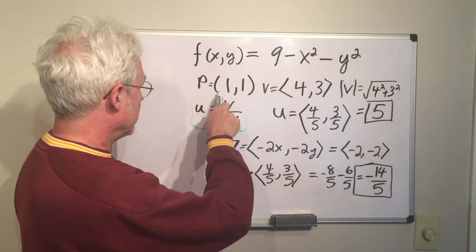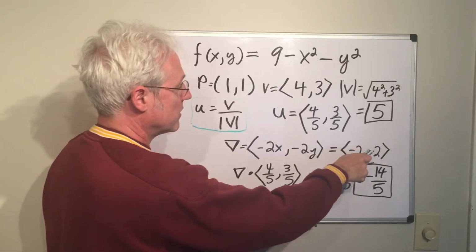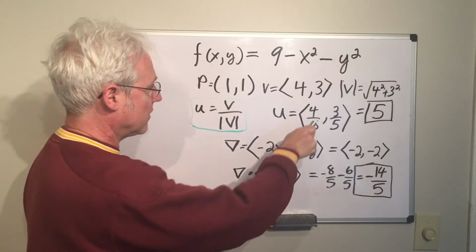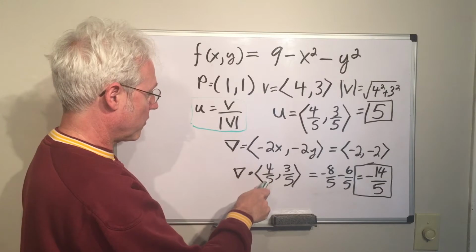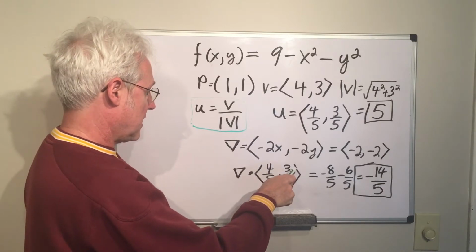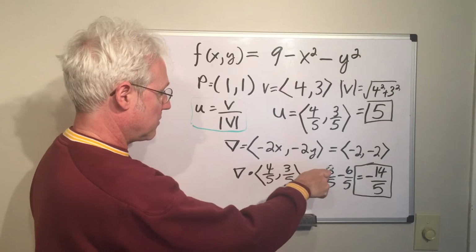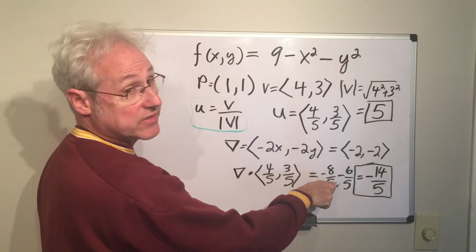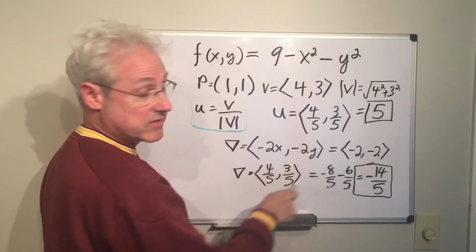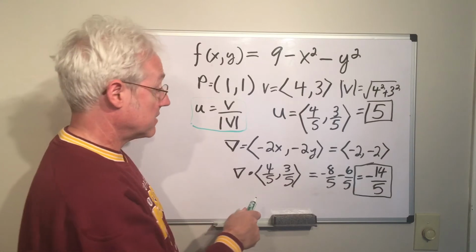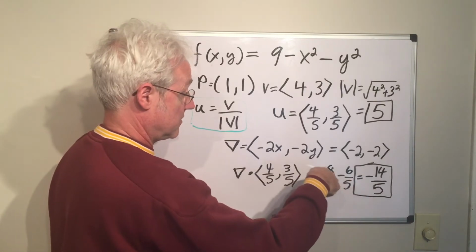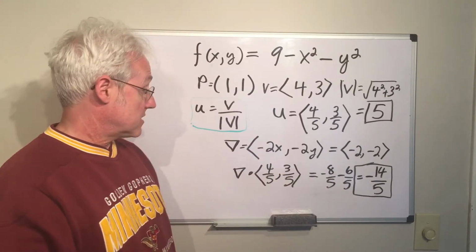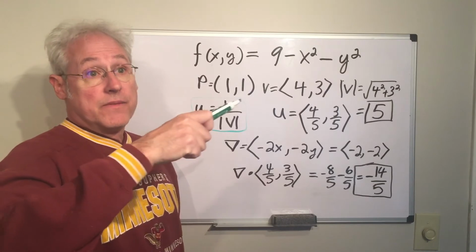And if we solve it for this point, we come to -2, -2 as our gradient vector at that point, which we dot with our unit vector 4/5, 3/5, and we come up with -8/5, -6/5, and this is a scalar quantity because it's a dot product, and so just subtract one from the other and you get -14/5, which is the derivative.